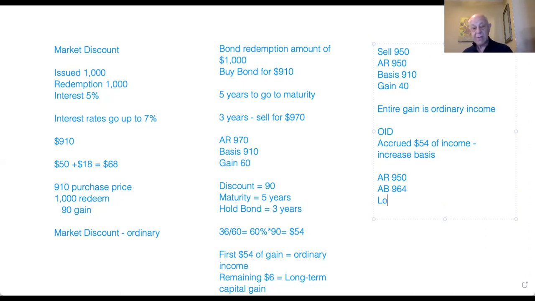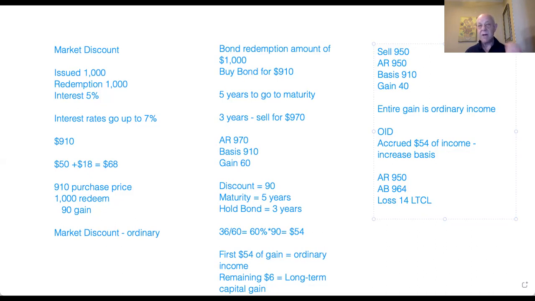And we would actually have a loss of $14 on the bond. And that loss would be a long-term capital loss. So this is the worst of all worlds. We would have been accruing the income as we were holding the bond. We would be accruing it all as ordinary income. And then when we sell it, we end up with a long-term capital loss, which may or may not be deductible. You're going to need capital gains in order to be able to deduct the capital loss.